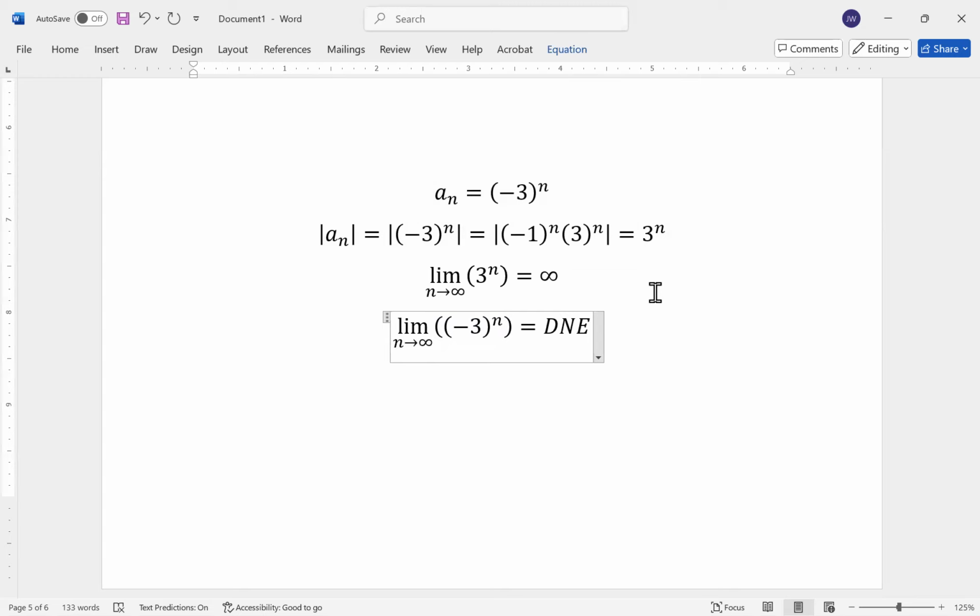We're going to have -3, then a +9, then a -27, then a +81, then a -243, then a +729, then a -2,187, and so on and so forth. So just because the absolute value limit goes to positive infinity doesn't mean that this limit goes to positive infinity. This limit bounces back and forth, so it doesn't exist.